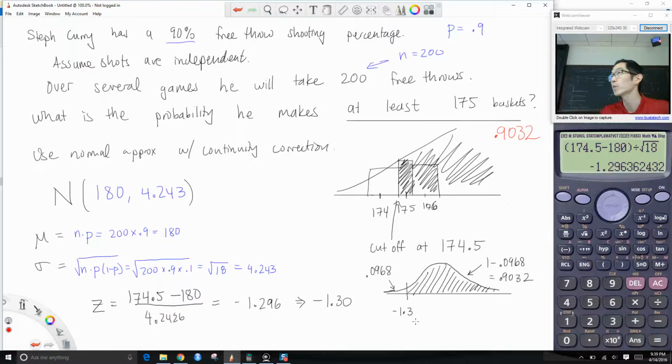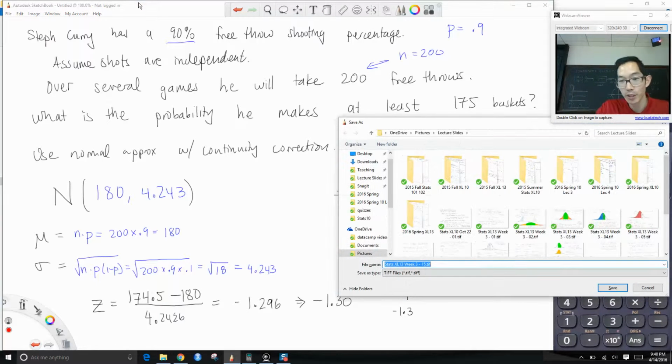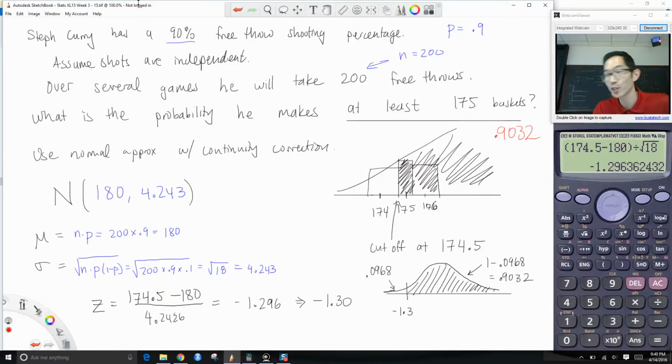Yes, question? Would this still be a normal distribution if it has an upper limit of 200 and technically a lower limit of 0? Yeah, so this is a good objection. The normal distribution technically goes from negative infinity to positive infinity, and obviously Steph Curry can't make more than 200 baskets.